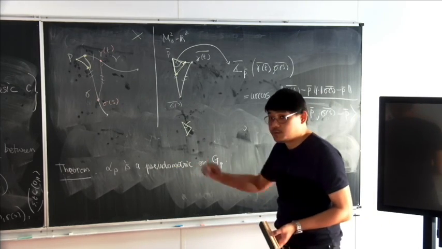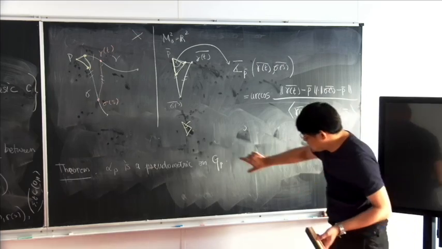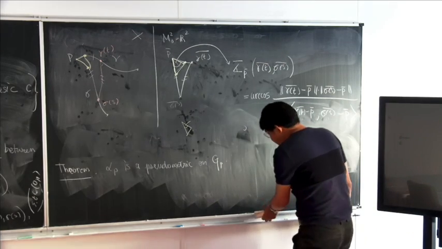Okay, so you have the pseudometric on the set GP. So you have a pseudometric space.